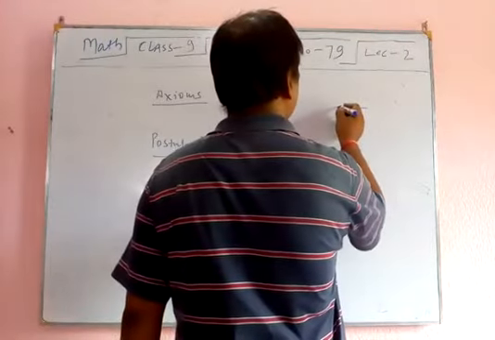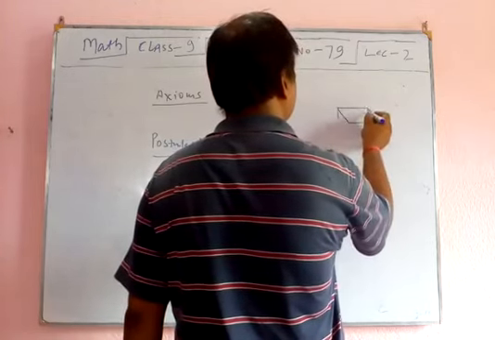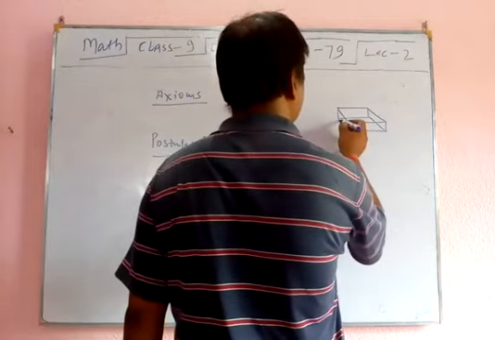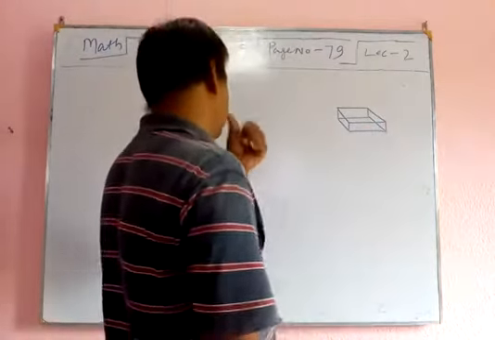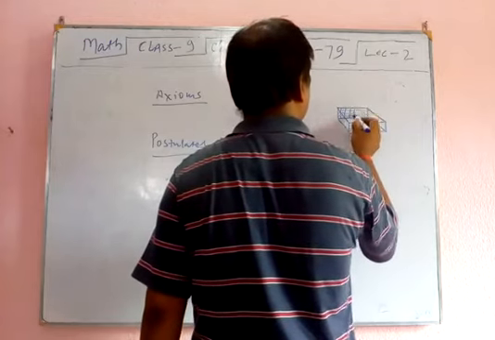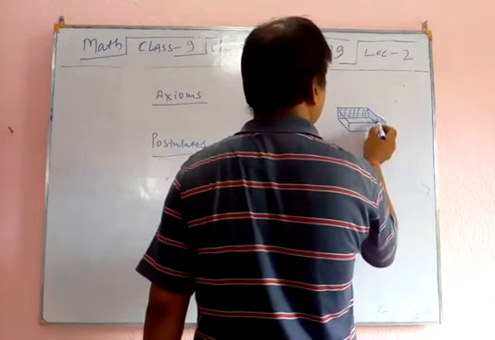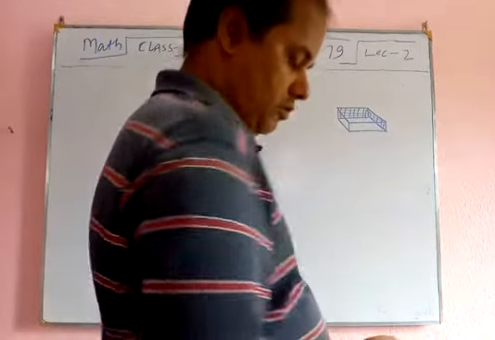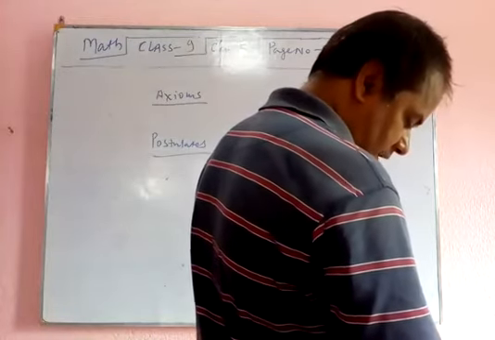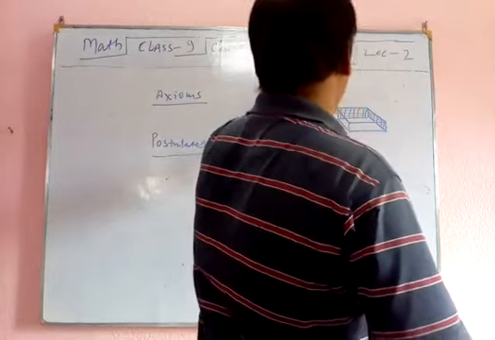One solid is there. This is the solid. So suppose this solid has three dimensions and has surfaces.